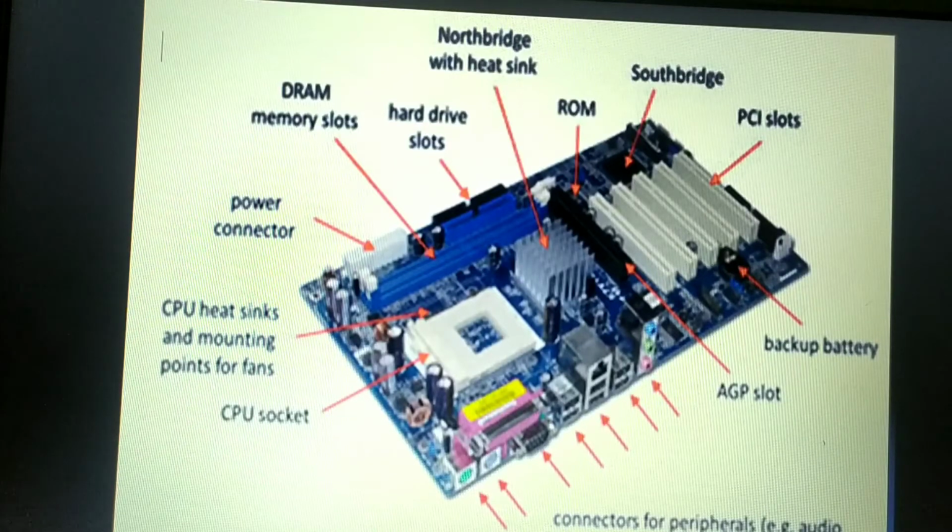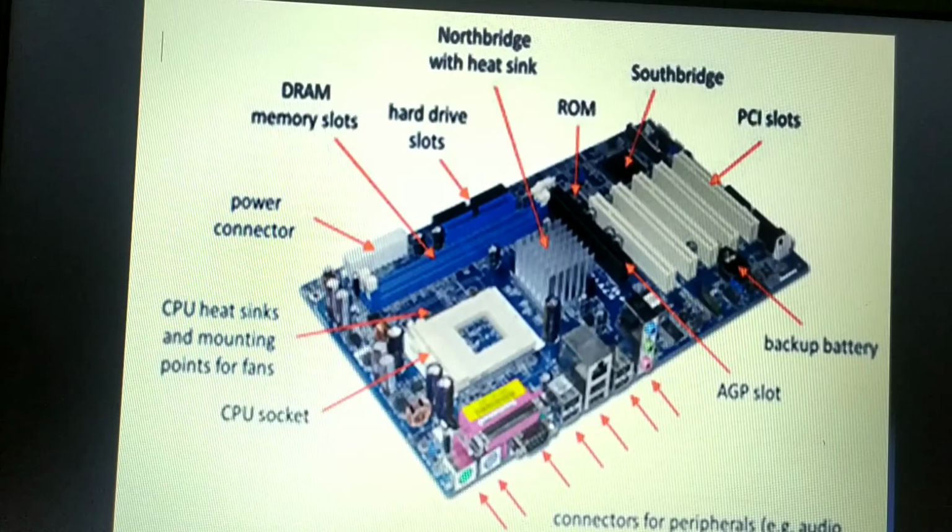This is a very important question from the examination point of view: what is a motherboard, what are the characteristics of a motherboard, and the different types of motherboard. You have to write all these points whatever we have discussed.